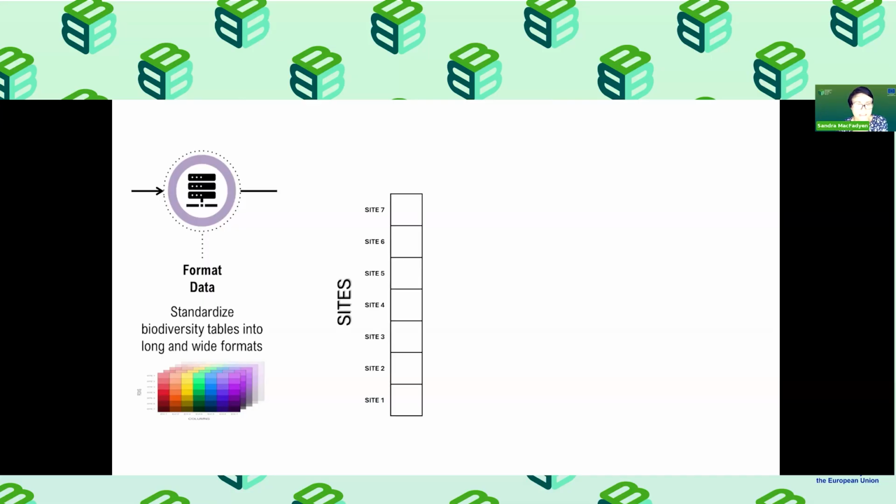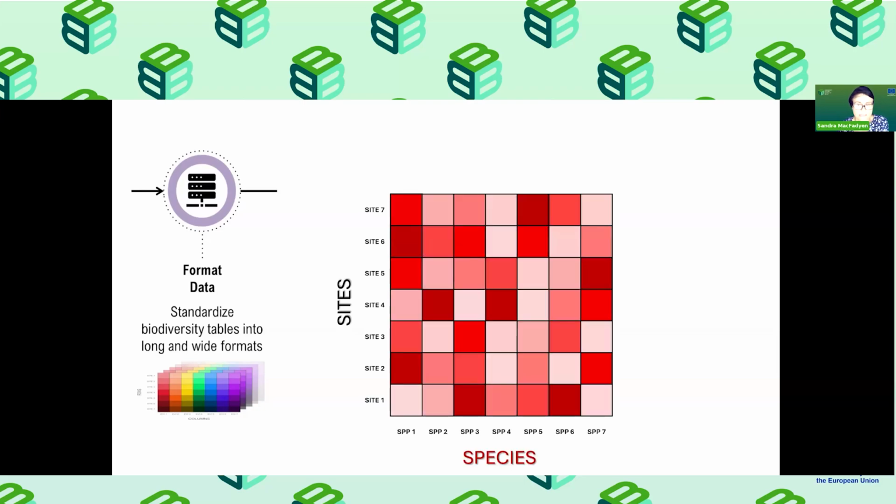Each of those sites has species, and those species occur in different numbers across those sites. A lighter color means there are low numbers of that species, and a darker color means there are higher numbers. What I didn't put in here are some white blocks where that species doesn't occur, but you get the idea.